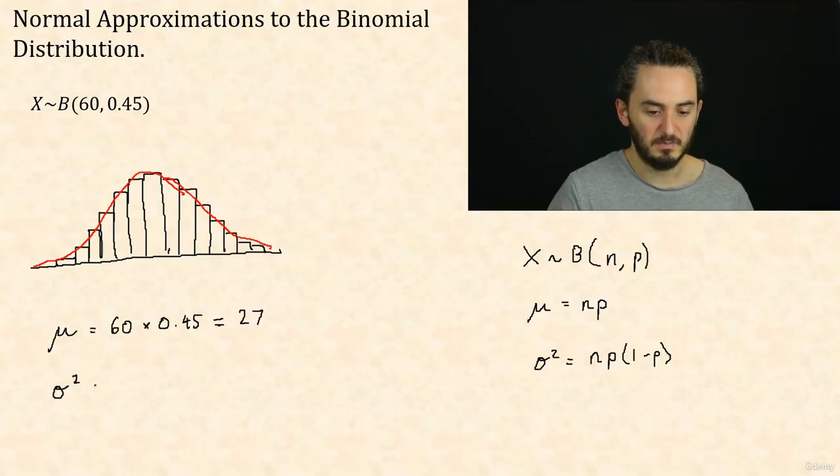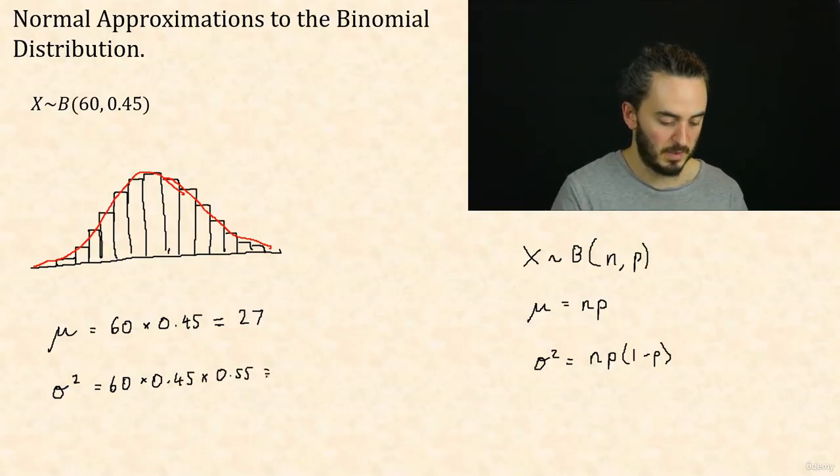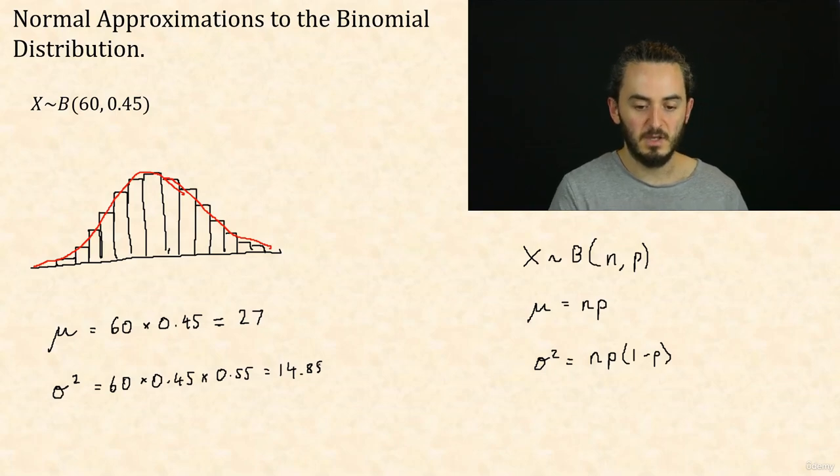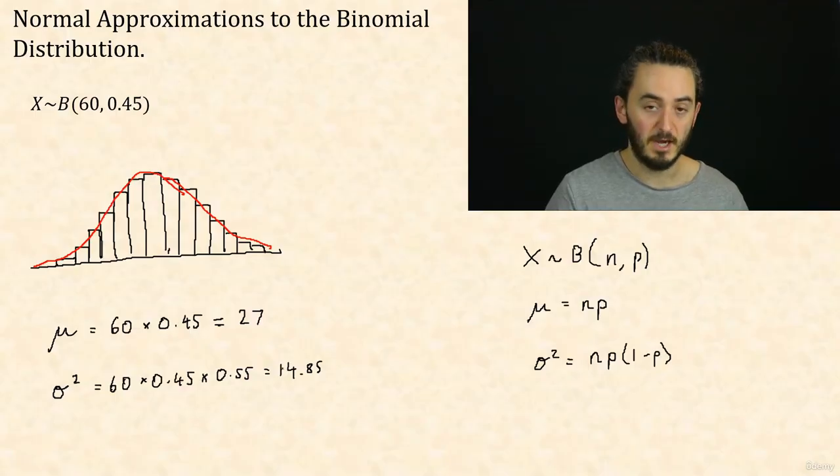So variance in our case is 60 times 0.45 times 0.55. Multiply all of that up and we get a variance of 14.85. So what does that mean? It means I now have the mean and the variance, which means I can construct a normal distribution which looks just like the binomial.